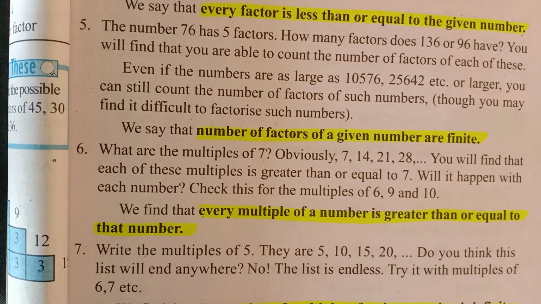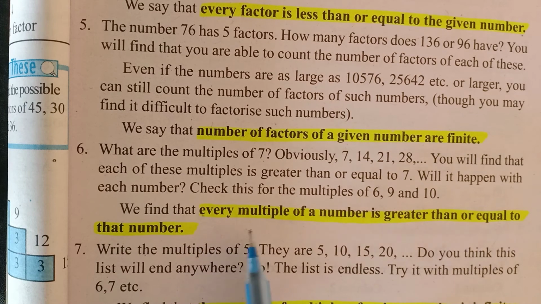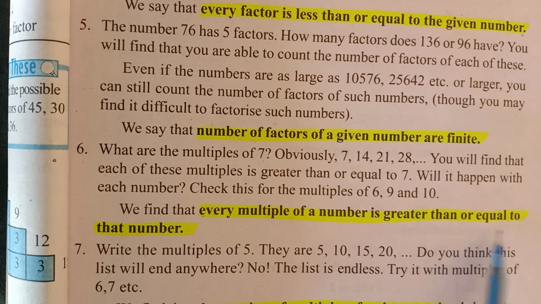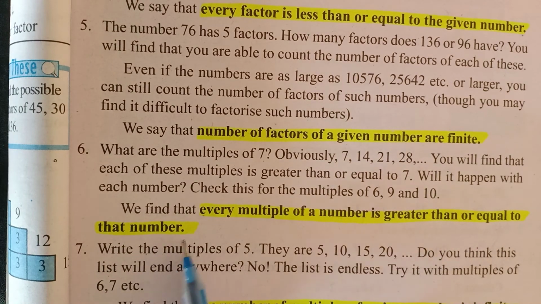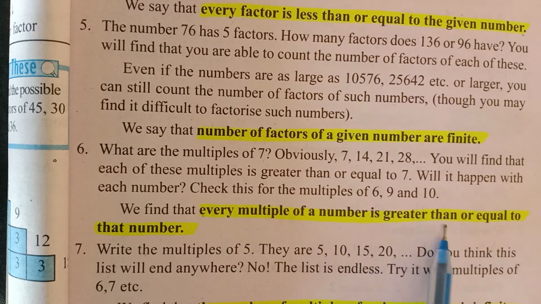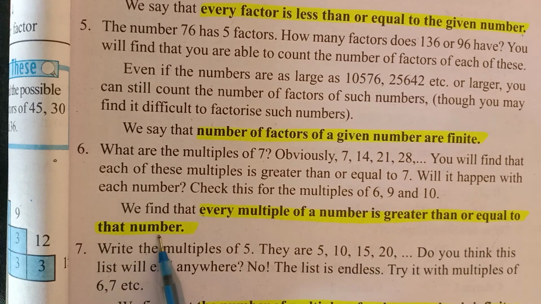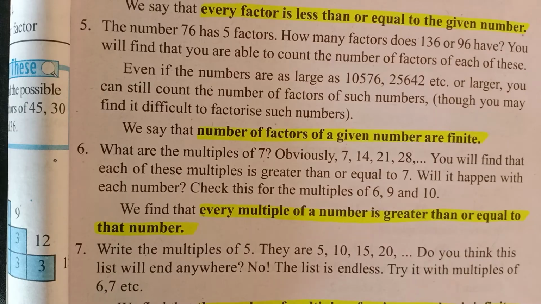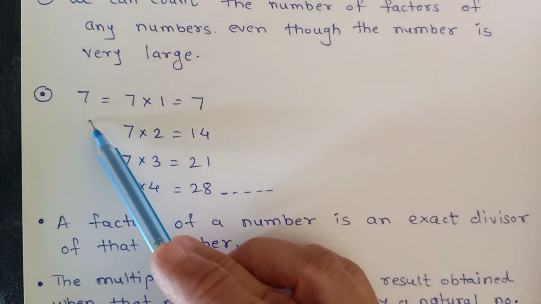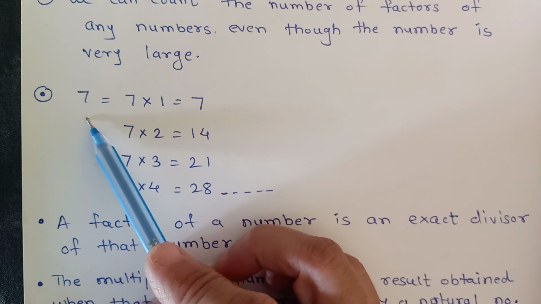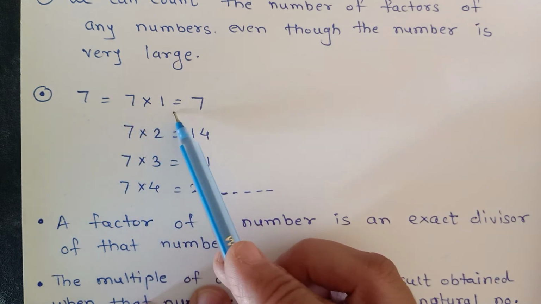Now, let's see the property of multiples. Every multiple of a number is greater than or equal to that number. Let's see how to find multiples first and then how to prove this. I have taken the number 7 and let's find the multiples of 7. 7 multiplied by 1 is equal to 7.